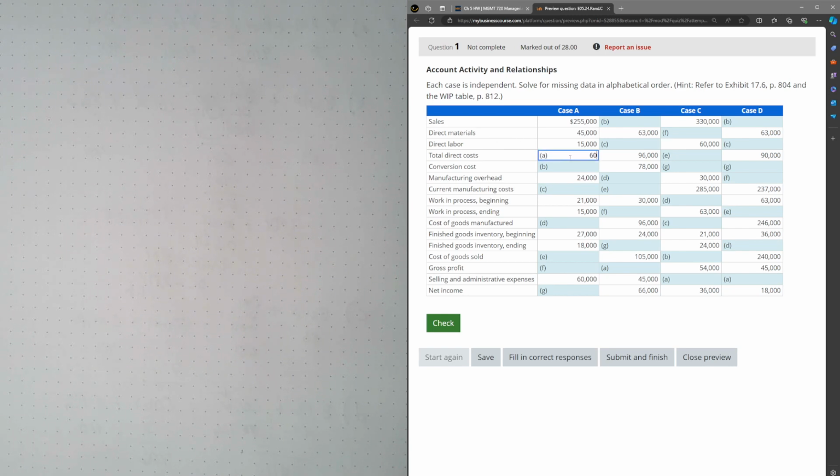So this should be 60,000. Conversion costs are direct labor and manufacturing overhead. So it should be 15 plus 24 or 49,000. Current manufacturing costs are going to be direct materials, direct labor, and manufacturing overhead. So it'll be the 45, 15, and 24.